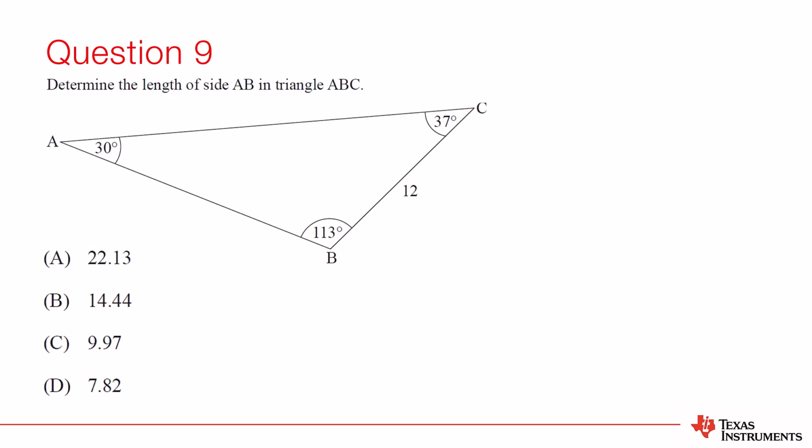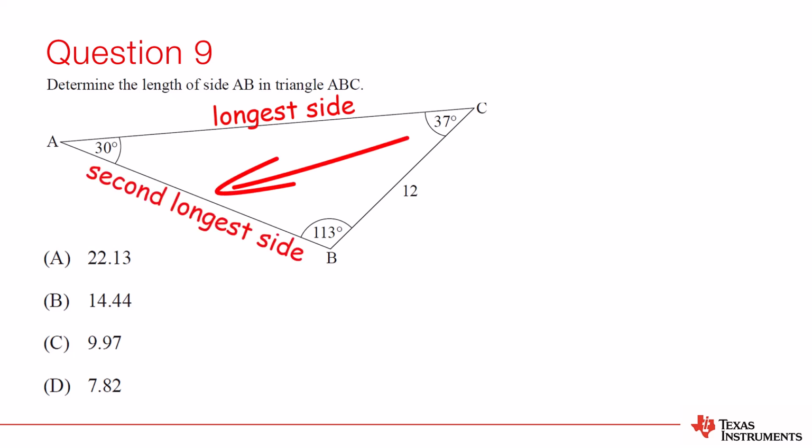Question 9. Another interesting question. We know that the longest side of the triangle will be opposite the largest angle. Side AC is therefore the longest side. Side AB will be the second longest side as it is opposite the second largest angle. So side AB must be bigger than BC.